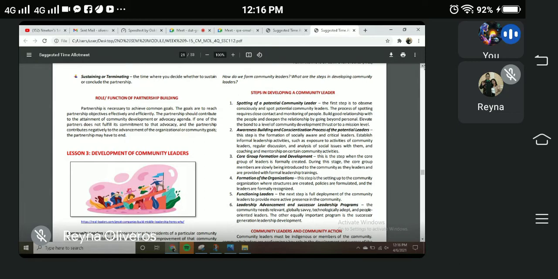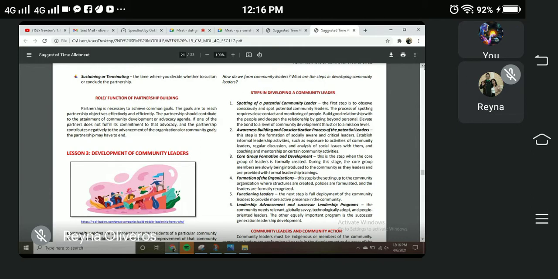This step is formation of social awareness and critical leaders. Okay? Establish informal leadership activities such as exposure to activities of community leaders, regular discussion and analysis of social issues with them, and coaching and mentorship on certain community activities.